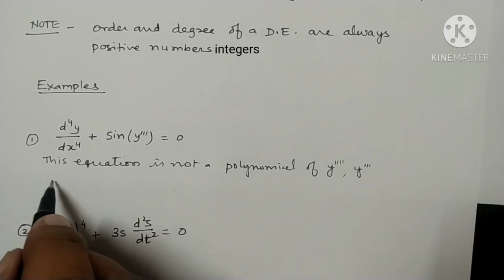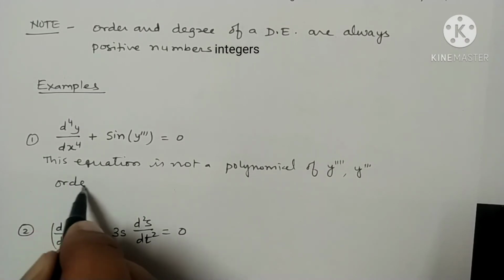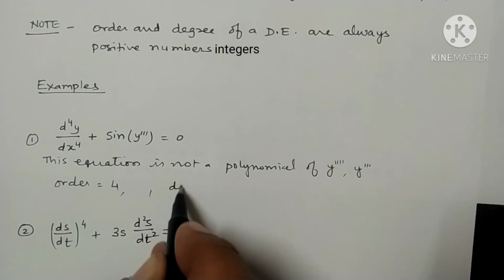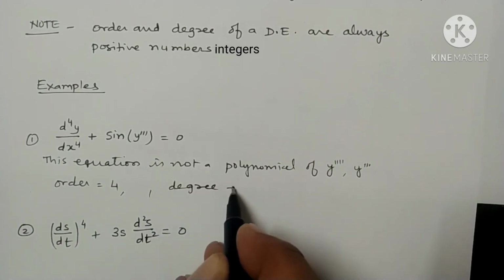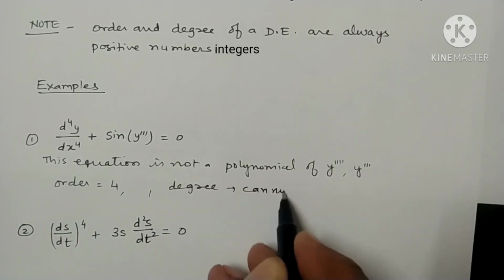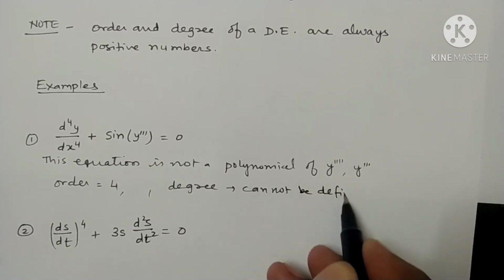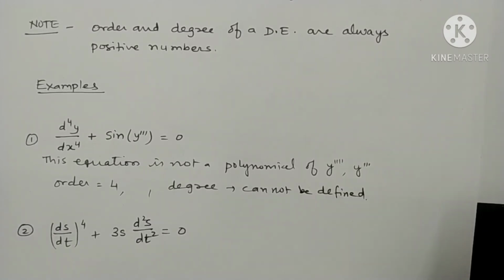So we can write here order is 4, and for degree we write cannot be defined. All of you understand this?